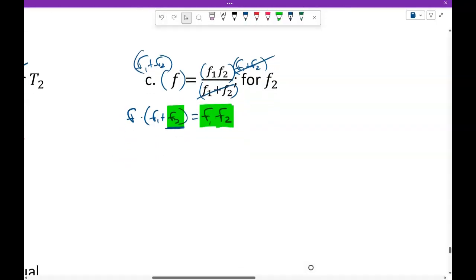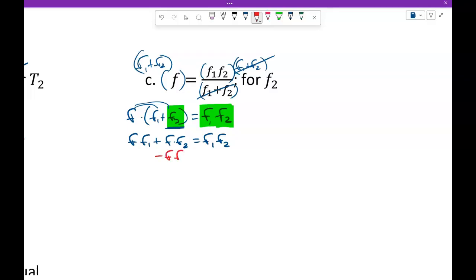So we're actually going to need to apply distributive property first, f times f1 plus f times f2. That way we can now move this required term over to the right side of the equation with the other term that has f2 in it. So we're left with f times f1 equals f1 times f2 minus f times f2.